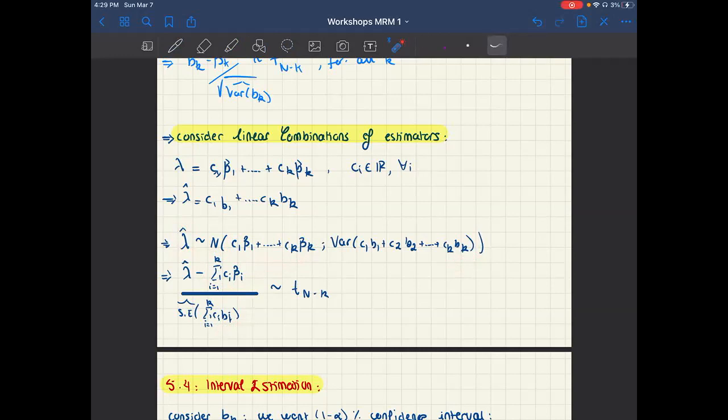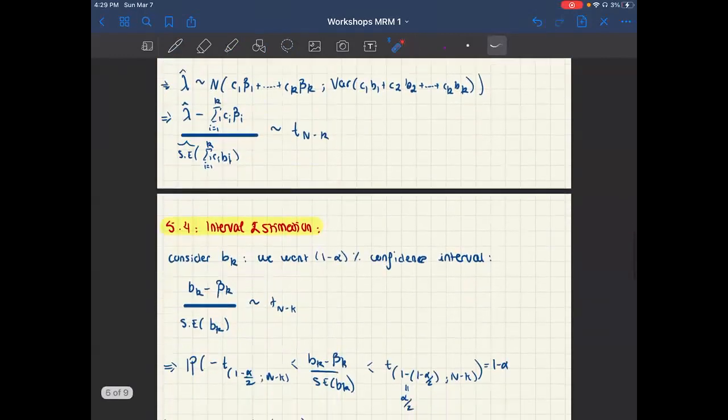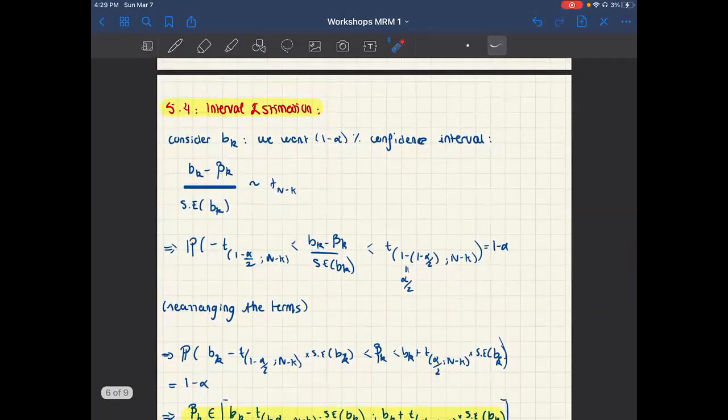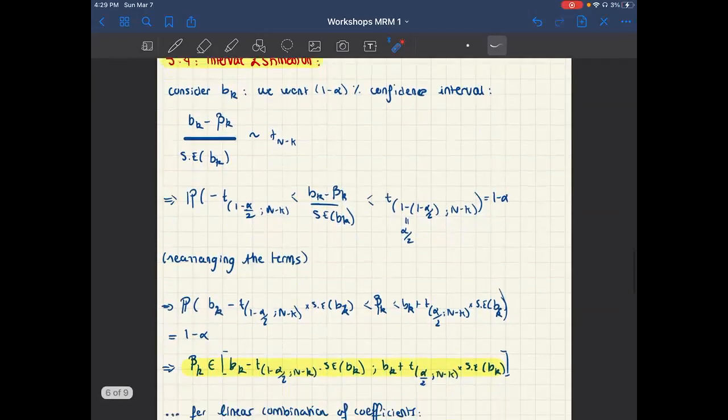The estimate of the standard error, because these are estimates, then this will follow a T n minus K distribution as well. So yeah, that was more or less what we talked about yesterday. Now I'm quickly gonna go over interval estimation and, if I have time, hypothesis testing.